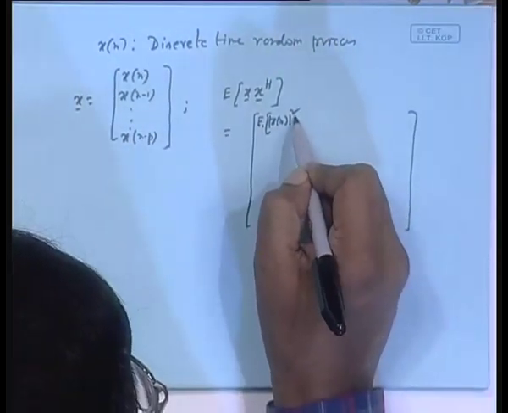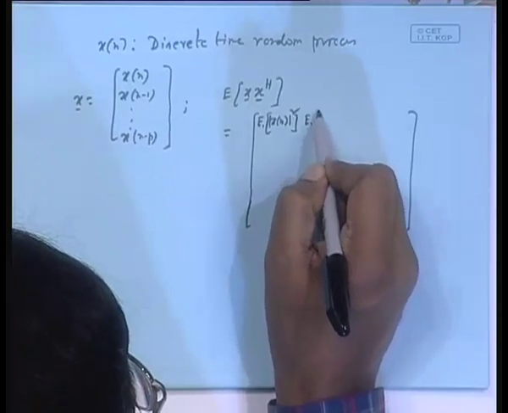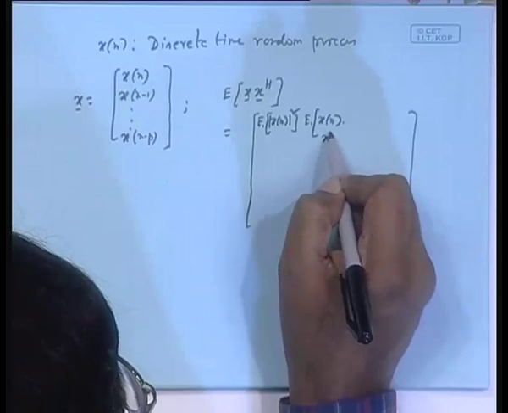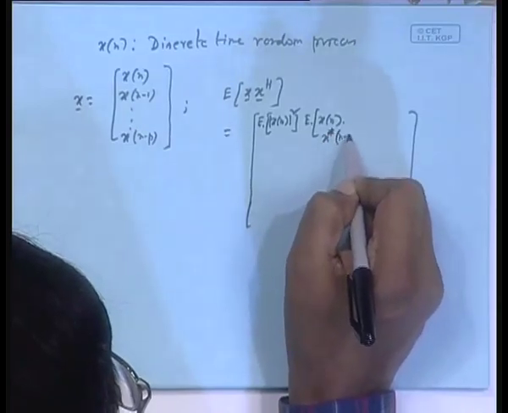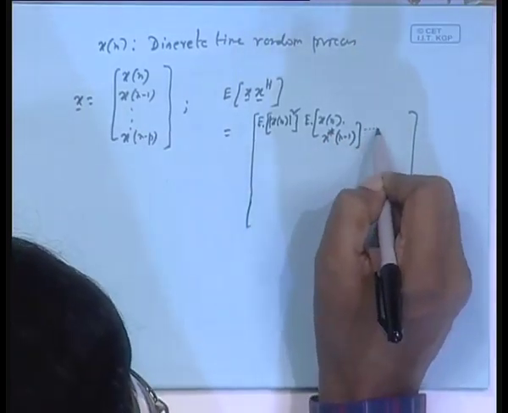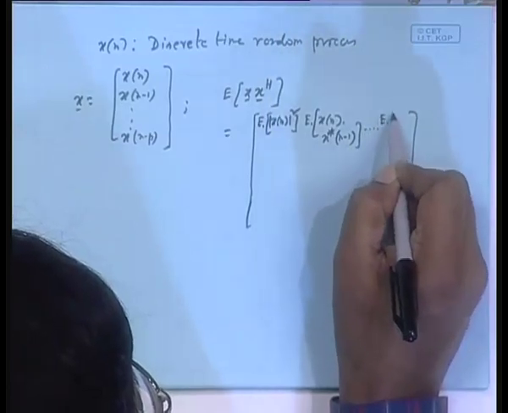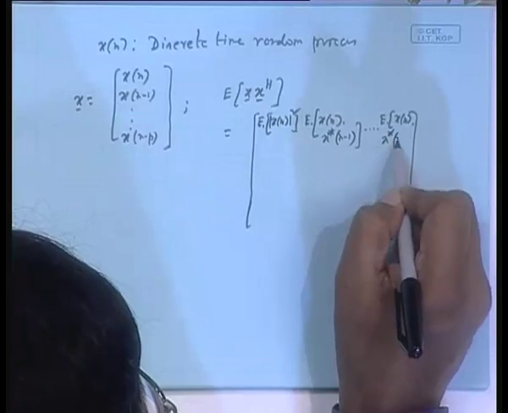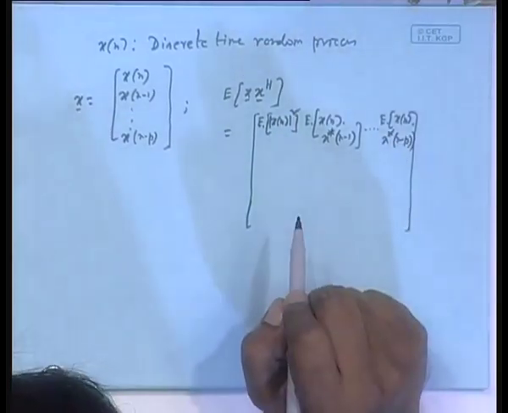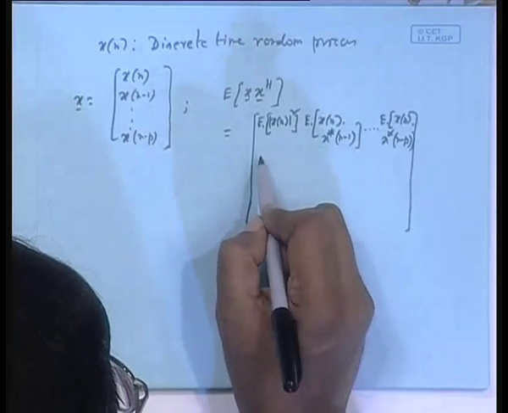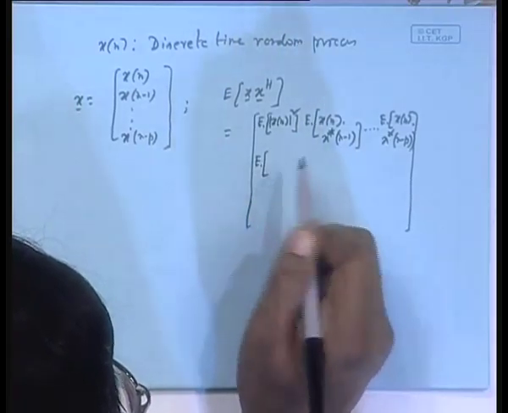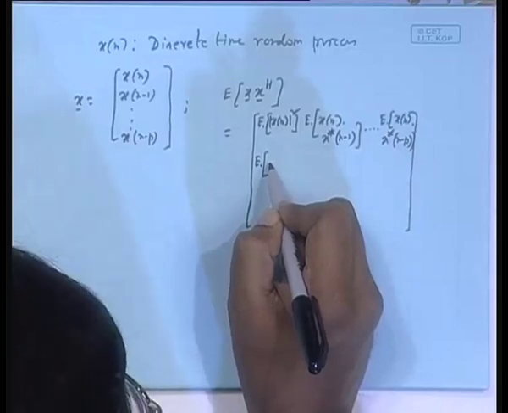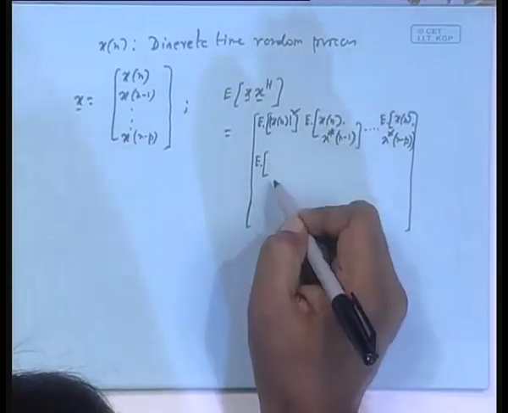Then, this is a very important matrix, so that is why I am doing it this way: xn into x star n minus 1, dot dot dot, xn x star n minus p. The next row will be x what? You can see it is a conjugate of this.